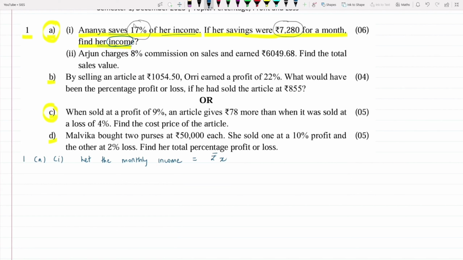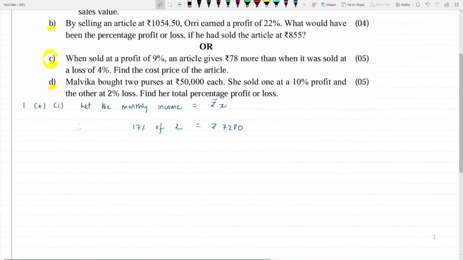Now further we are given that 17% of our income, which is x, is going to be 7,280 rupees. So we have that 17% of x is equal to 7,280 and we need to solve this.